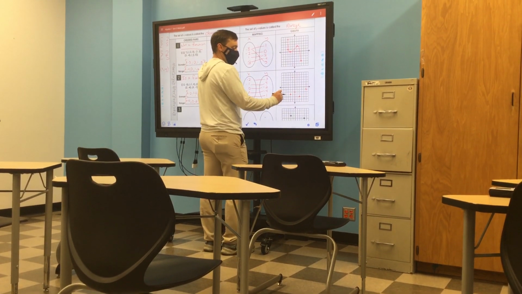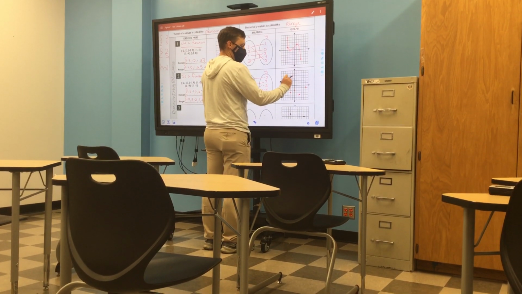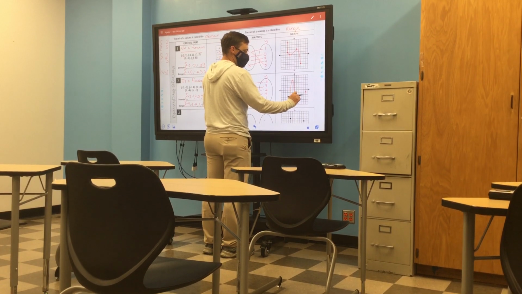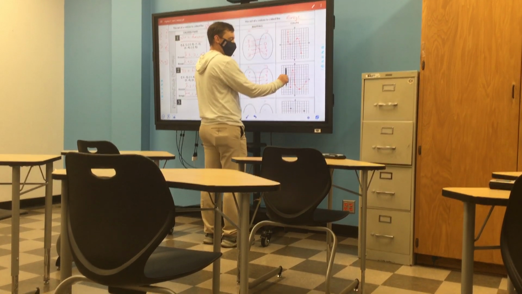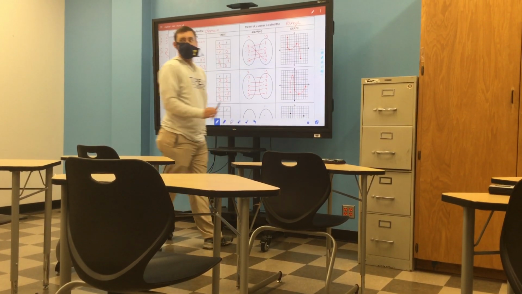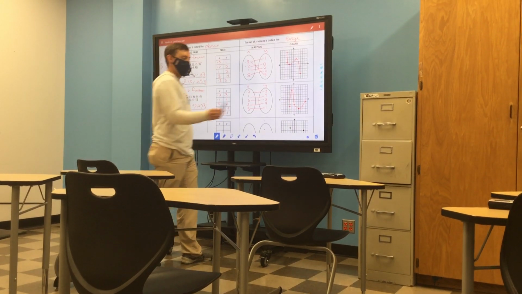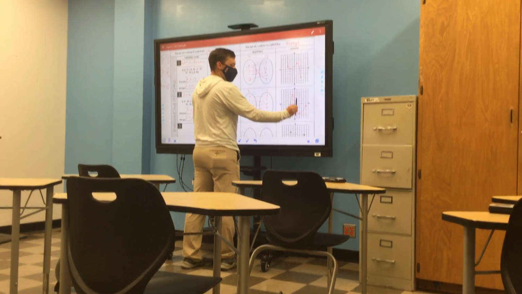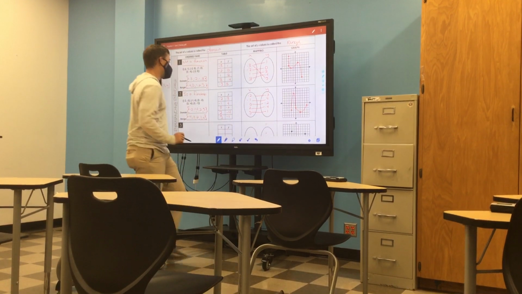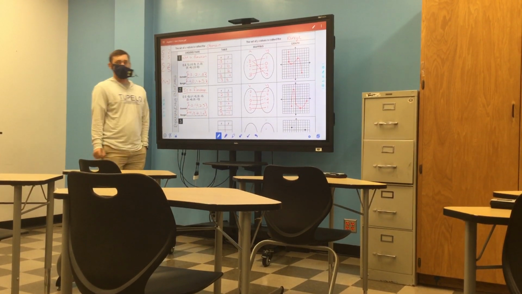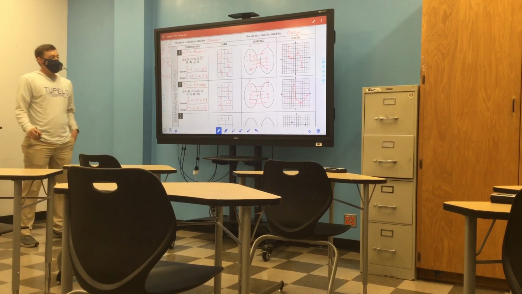Okay, and you just need to connect these points. Do your vertical line test. Is this a function? Is it ever going to touch my pencil twice in one spot? The answer is no, right? Which makes sense because we already said that that was going to be a function.